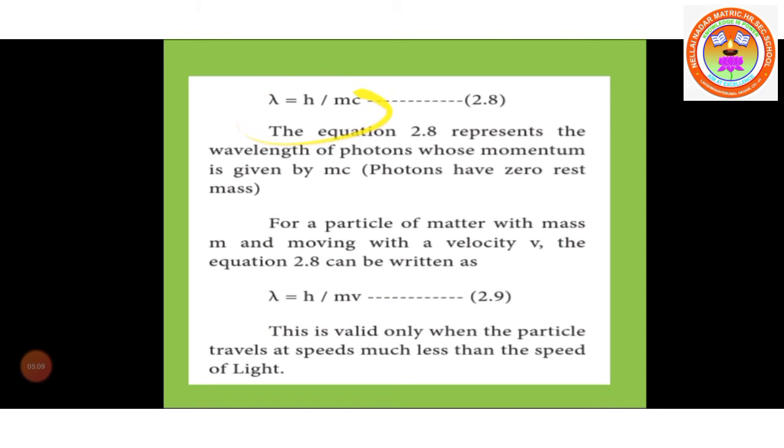The previous equation is the wavelength of photons, and this equation is the wavelength of a particle. This is valid only when the particle travels at a speed much less than the speed of light.